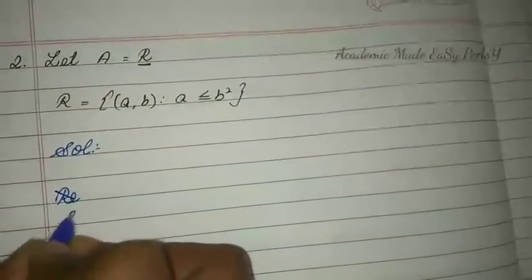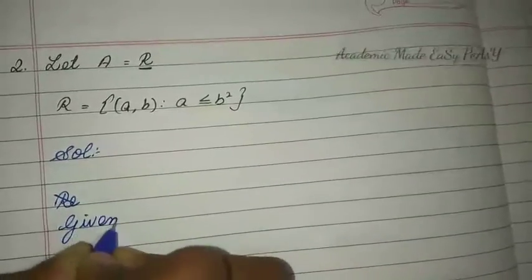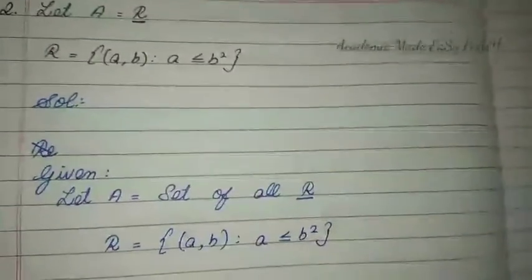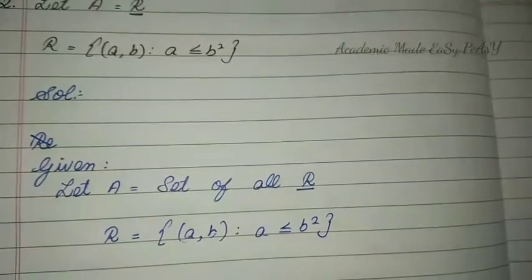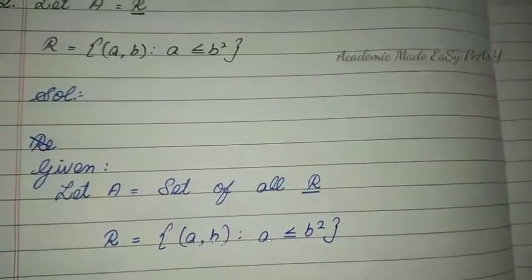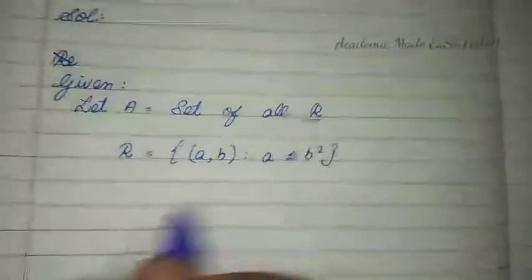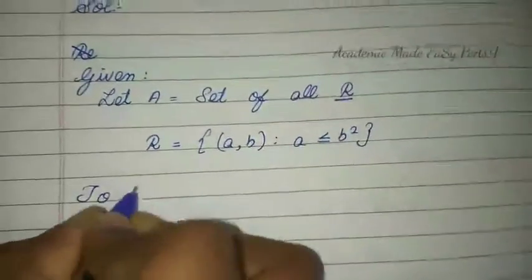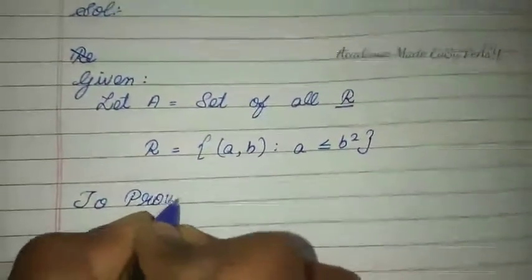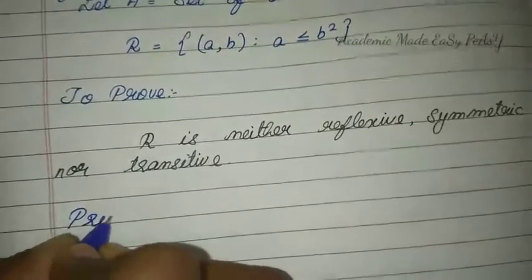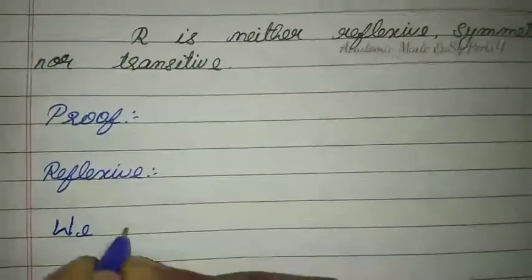So let me write the given part. For these types of sums where they ask to show or prove, we have to write all this given part to prove. Proof part.